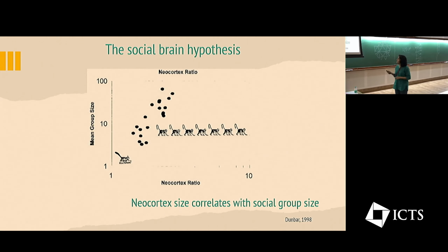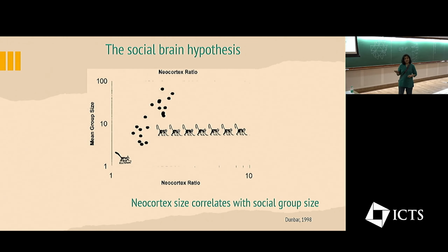And that's why we find in many primate orders or families of species an increase in the neocortex ratio, which is the ratio of the neocortex to the rest of the brain. And the neocortex is that region of the brain which is typically associated with higher cognitive functions like planning, decision making, evaluative thinking, things like that.